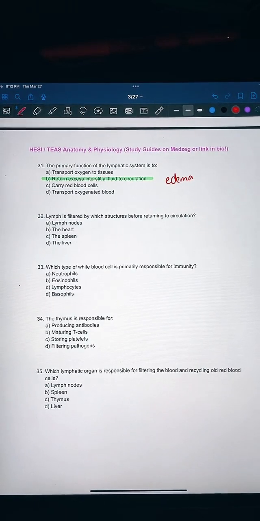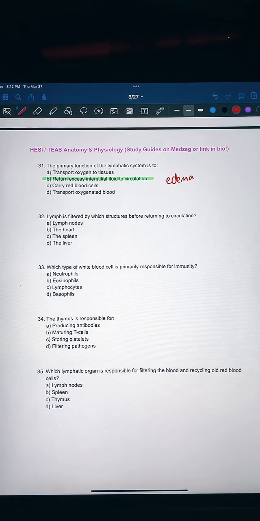Number 32, lymph is filtered by which structures before returning to circulation? Awesome, it is lymph node.